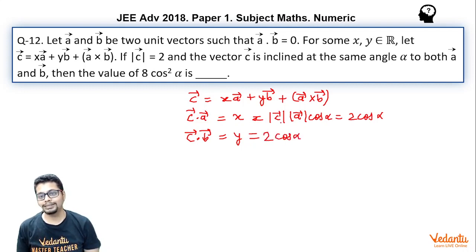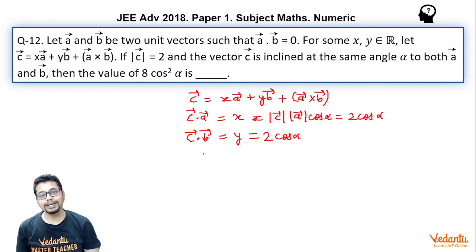So that means x is 2 cos alpha, y is 2 cos alpha, and we have been given one more information that magnitude of C vector is 2. Since A vector, B vector are perpendicular, and A vector cross B vector is perpendicular to both A vector and B vector, this is like a rectangular resolution of C vector.